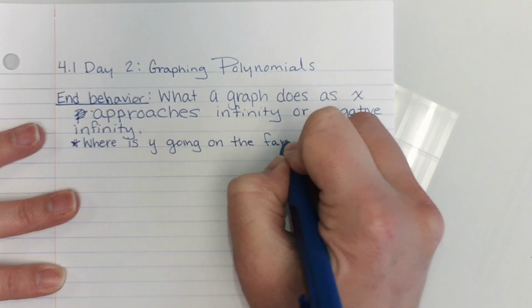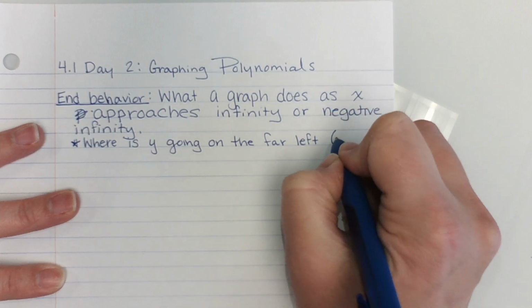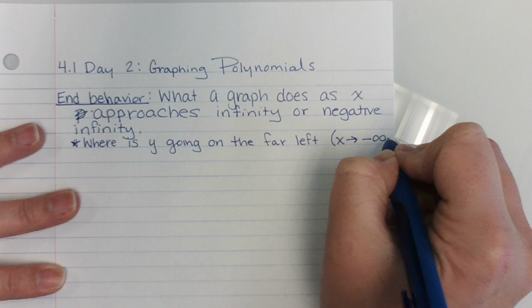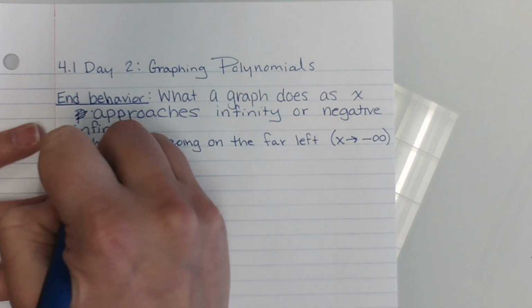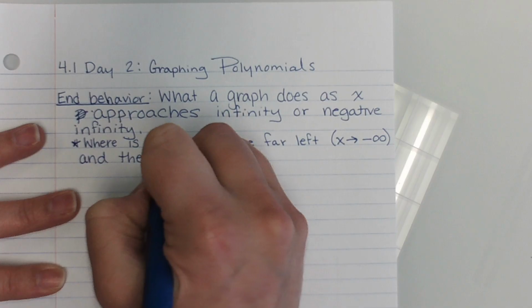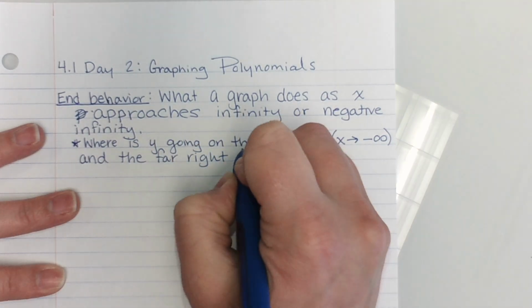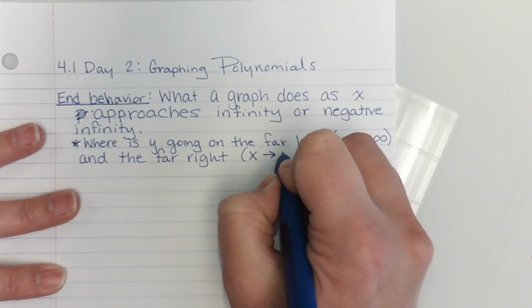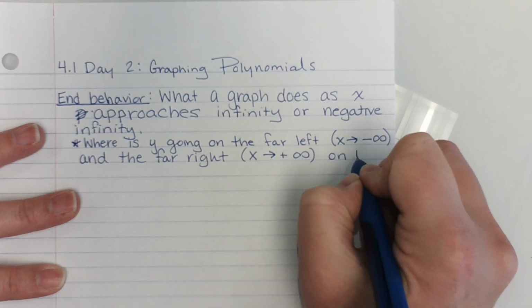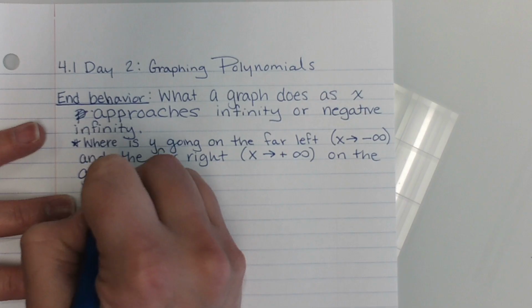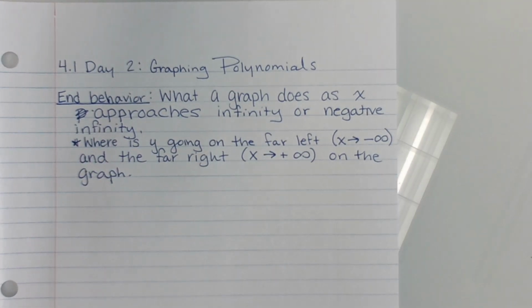On the far left, which would be when x is approaching negative infinity, and the far right, which is what happens as x is approaching positive infinity on the graph. So this is going to be some of the key things that we're looking at today with our graphs. What is y doing as x is going to infinity and to negative infinity, as it's going to the far right and to the far left.